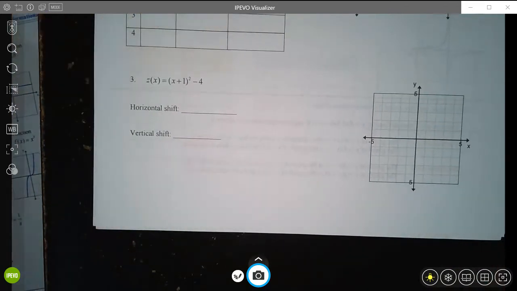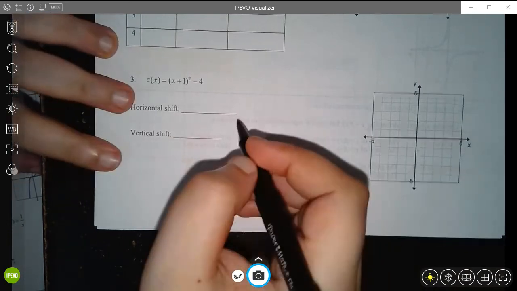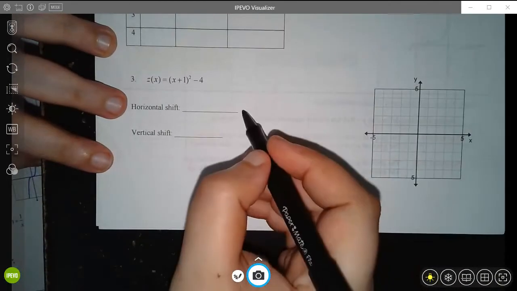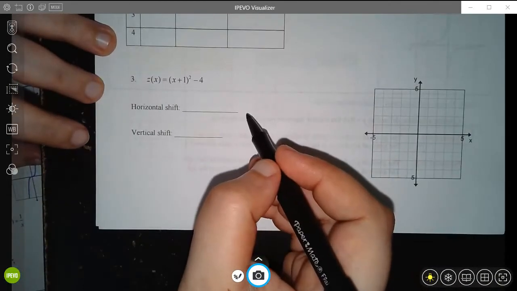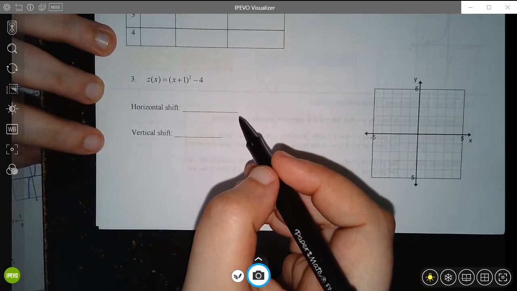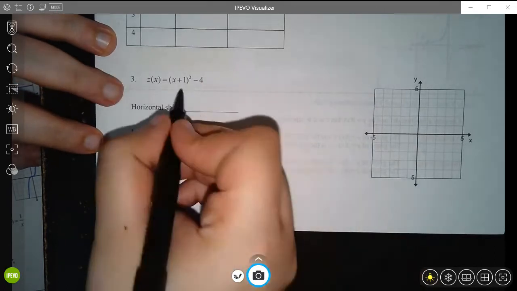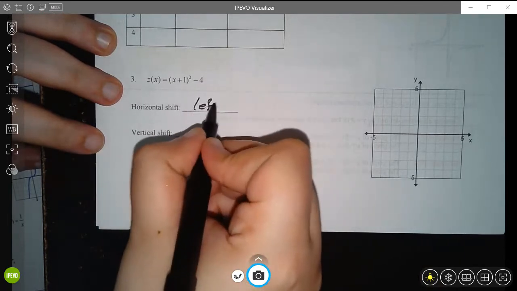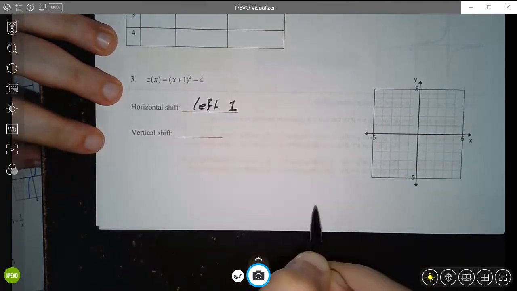So horizontal shift, which is on the inside. Where are we moving, left or right? For the horizontal one, we're moving 1 left, 1 space to the left. You're right, yes. So this is going to be moving to the left by 1.